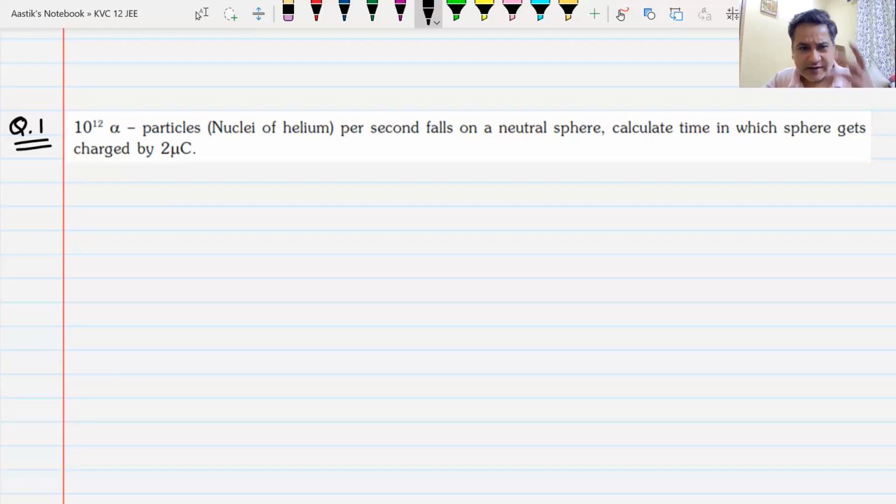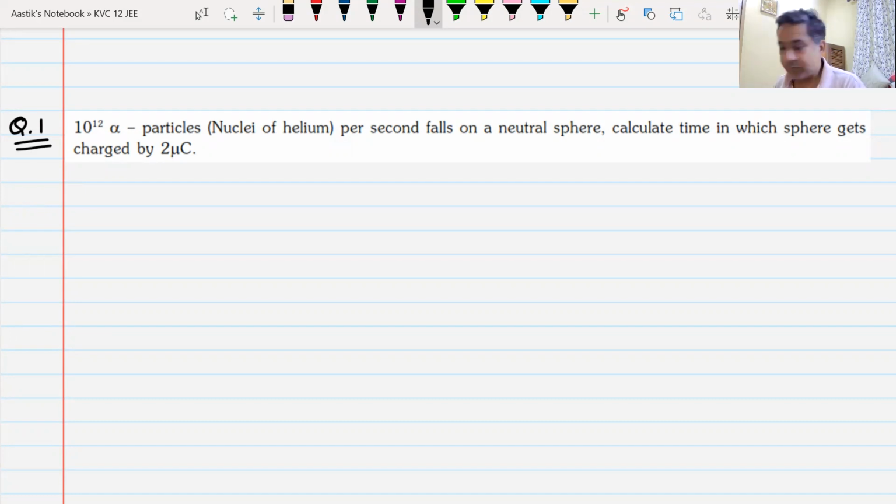You just have to look at the dimensions of this and you will be able to do this. Chalo, I will do it. If you are finding it so difficult in doing it, I will do it.